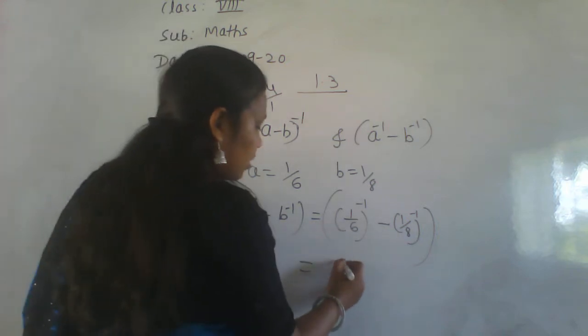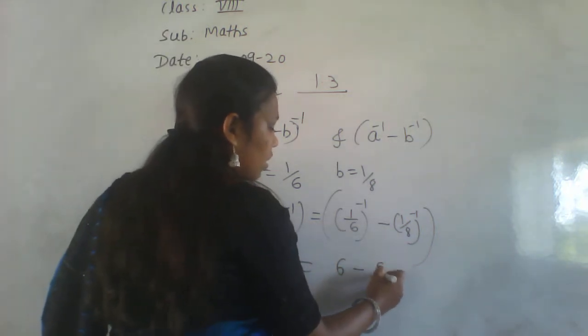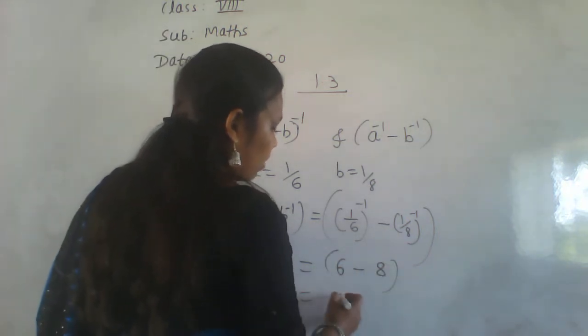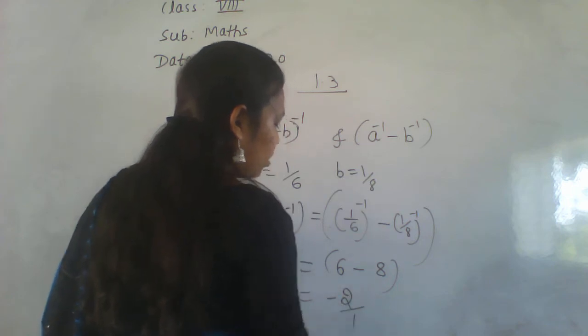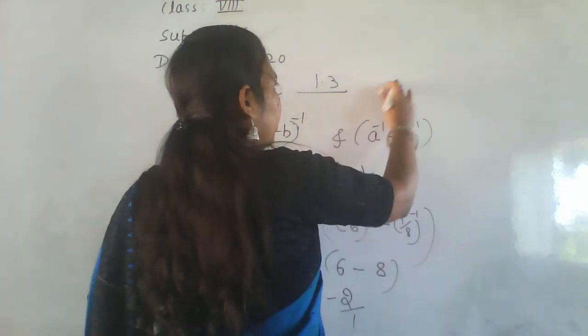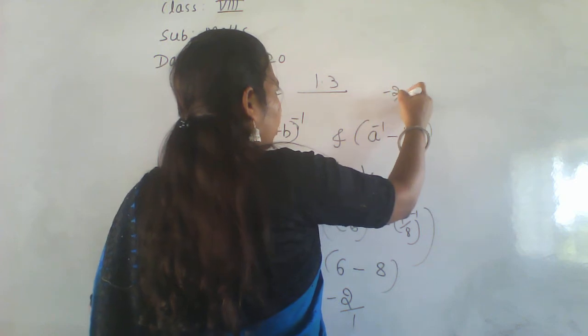That is 6 here. Next 8. Okay, so what is the value here? Minus 2. That is minus 2 by 1. Here you have to write minus 2 by 1.